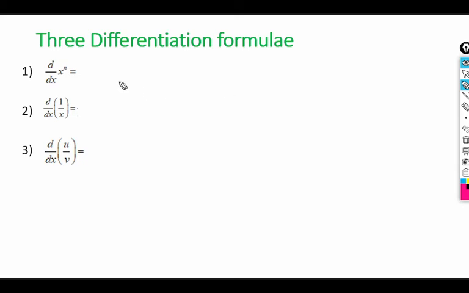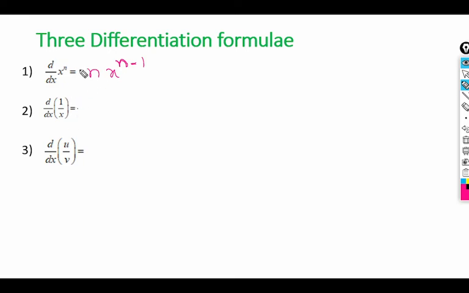Okay, done. The first formula: the derivative of x raised to n is n into x raised to n minus 1. Next is the derivative of 1 by x. Don't say log x. This is a common mistake that many students make, even in interviews: instead of giving the derivative of 1 by x, they give the integration of 1 by x as log x.